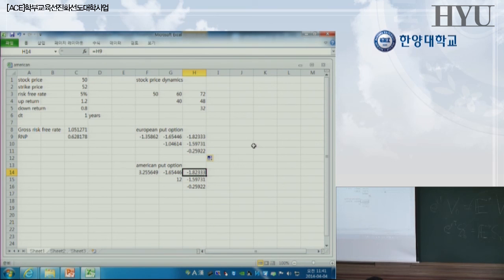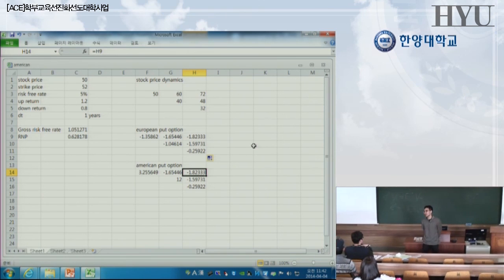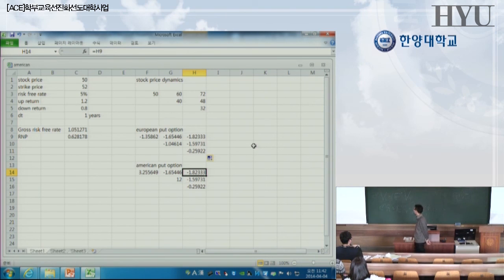So if the pretty Goldman Sachs salesman visits you and wants to sell, you can make a counter offer. Please combine your contract with an American put option such that I can sell the stock any time in the middle at the strike price of 52.